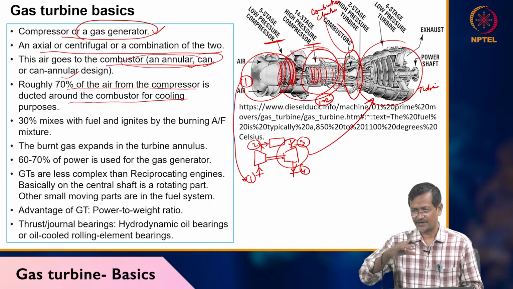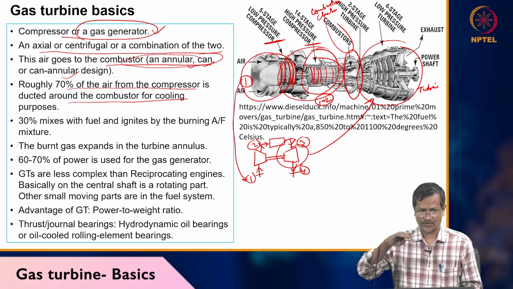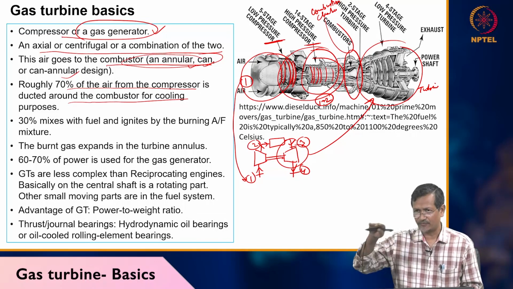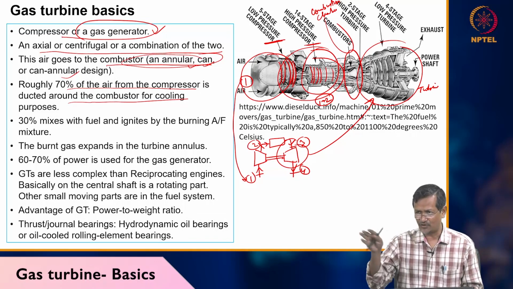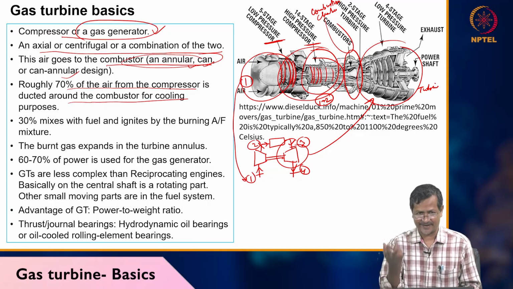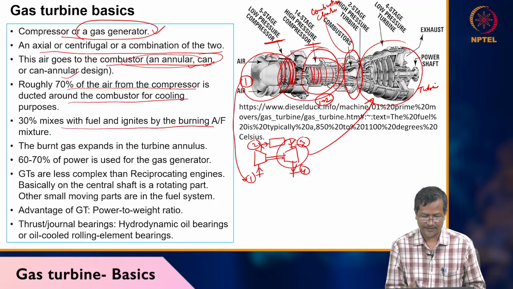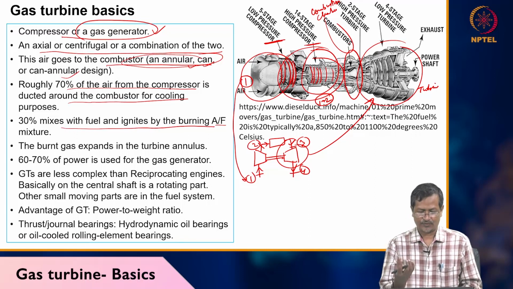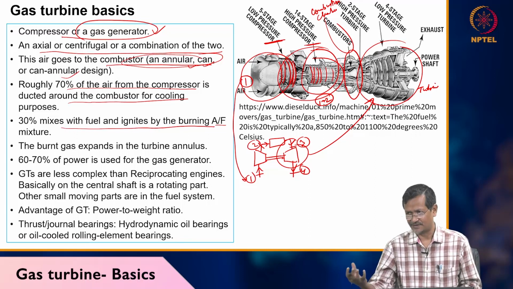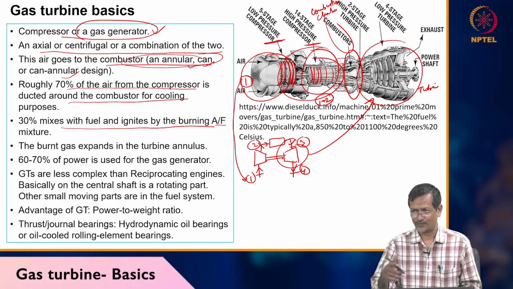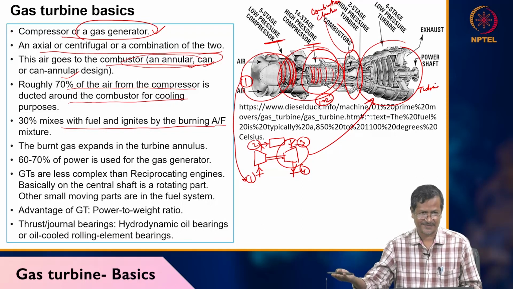Outside the combustion chamber, lots of air will be flowing so that lots of heat is carried away, otherwise the combustion chamber would melt. 30% mixes with fuel and is ignited. So 30% of the air is used for burning the fuel, and the remaining is just for cooling purposes.